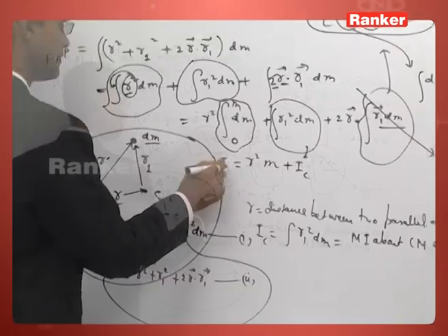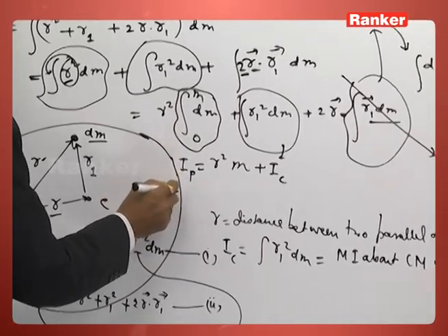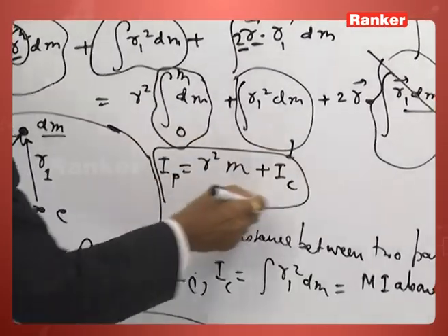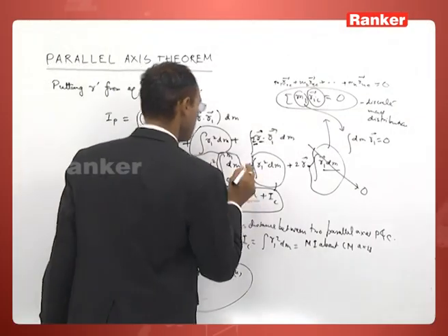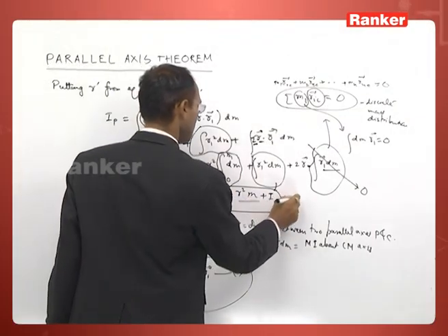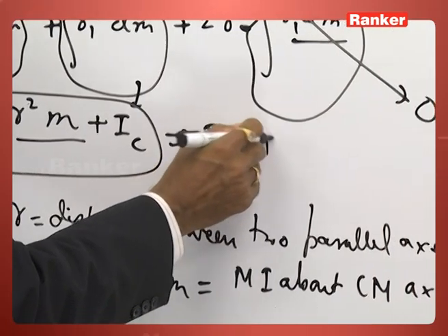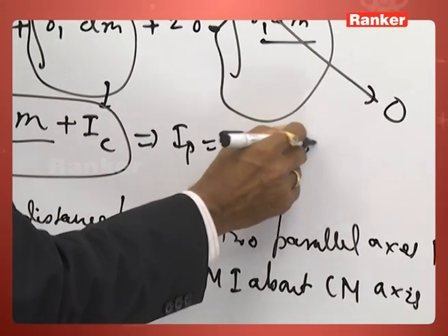As a result, we are left with two terms, mr square plus IC, or you can just write IP is equal to IC plus mr square.